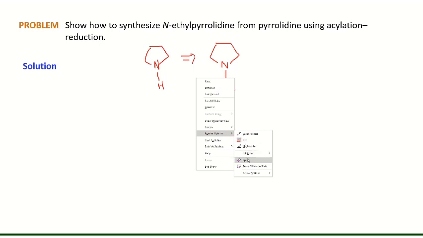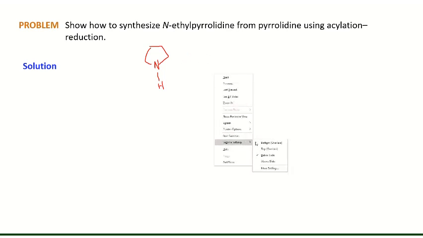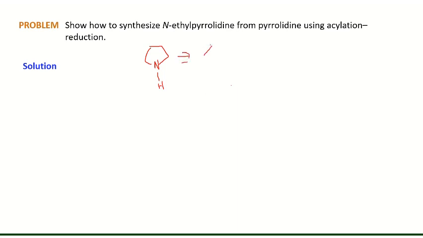Acylation, meaning that you had to have an acyl group involved to get from here to there. Yeah? So it's a 2-carbon addition.